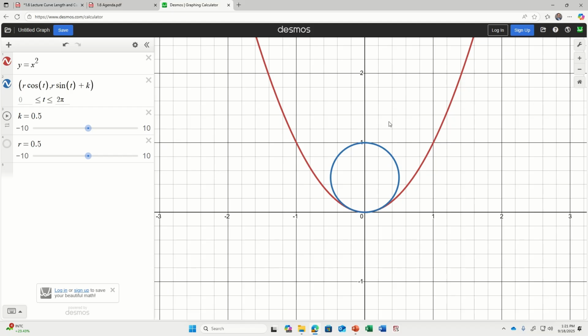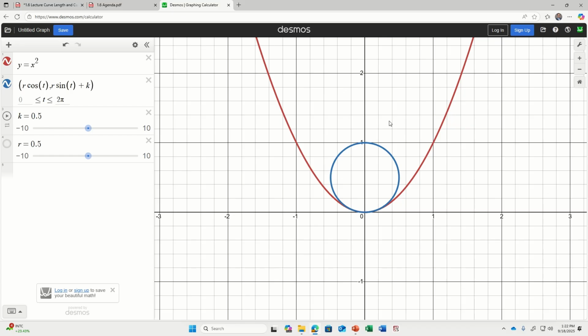A picture is worth 1,000 words, right? For the red curve, this blue curve is the circle of curvature at x equals 0. Because the blue circle intersects with the red curve here. They share the same tangent line, and this circle has a radius of curvature that's equal to the radius of curvature of the red curve.